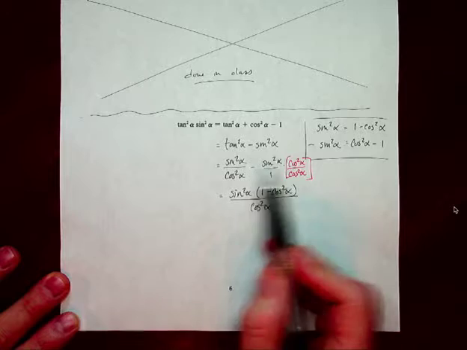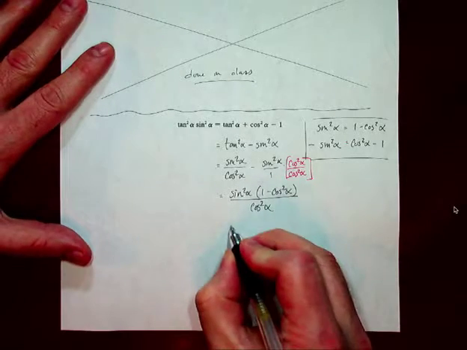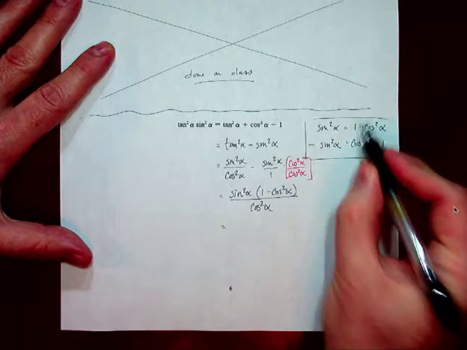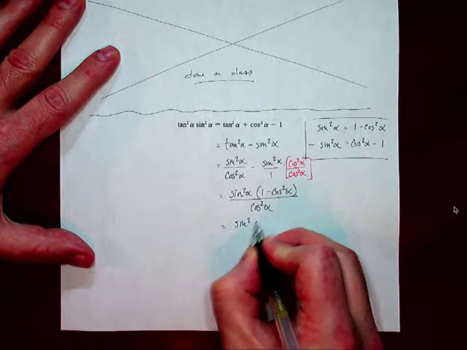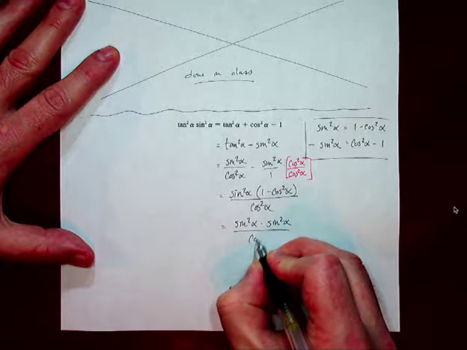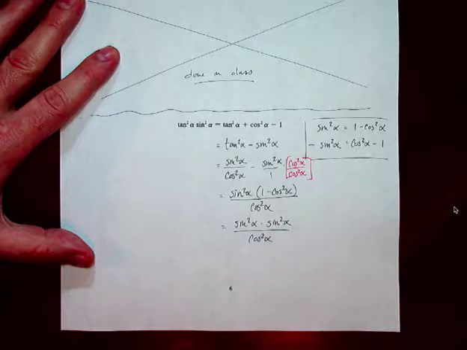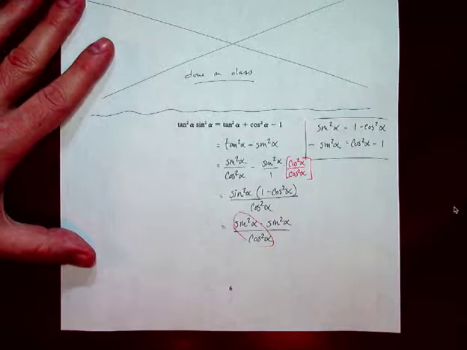Those two terms have a common factor of sine squared, so you factor it out. And then, of course, you're going to reuse this right here as sine squared alpha times sine squared alpha over cosine squared alpha. And this right here is your tangent, okay?